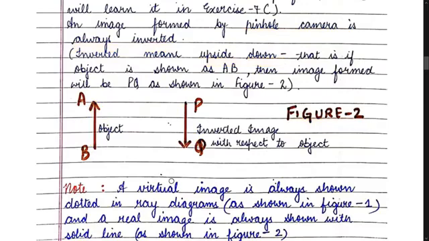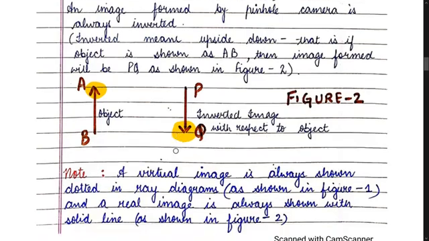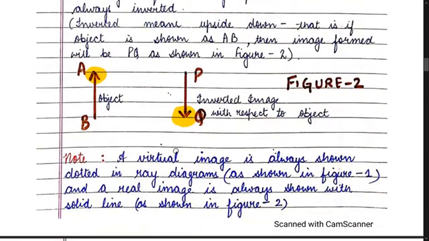Students, see, if A is the head of an object, then in its image the head has been shown in a lower position. So such an image is the inverted image with respect to the given object.